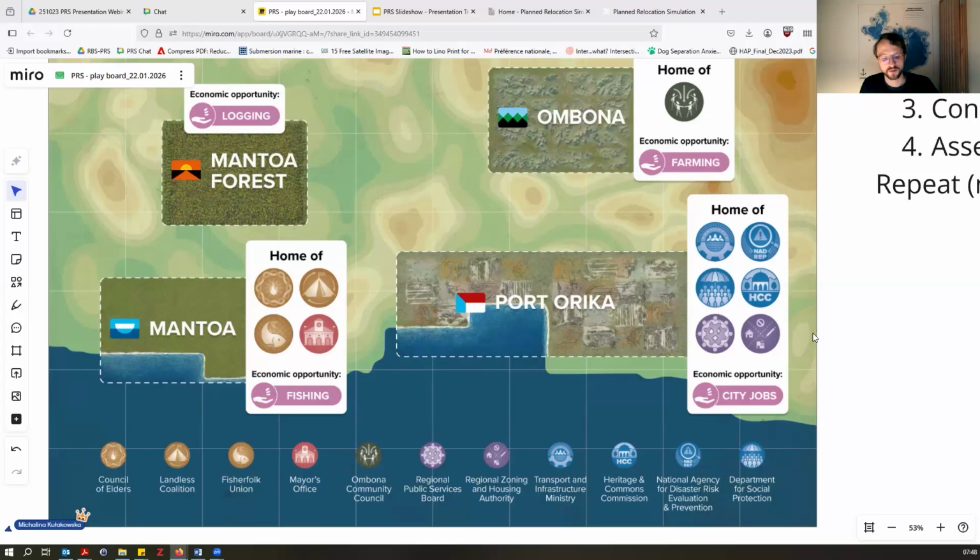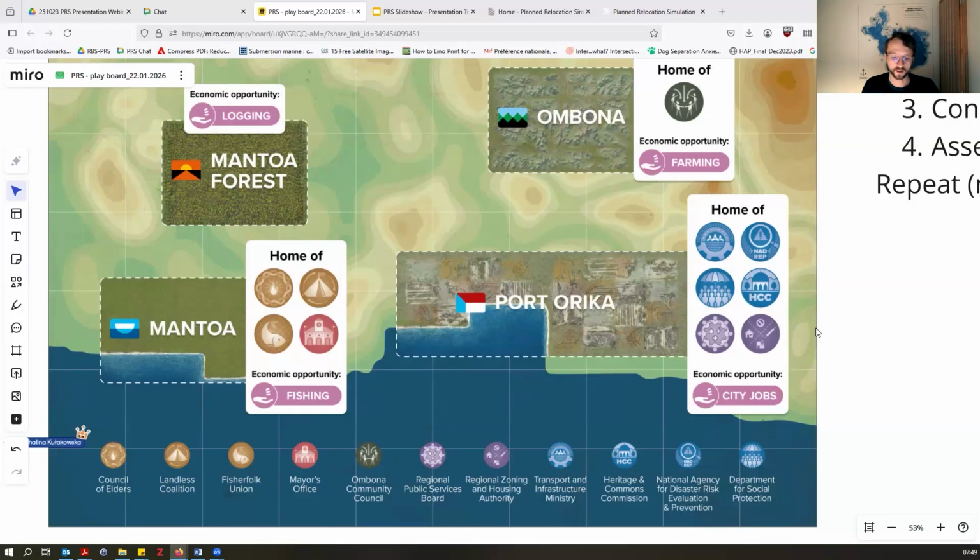Also at this table is a second community, the community of Ombona, which faces its own challenges. We simplified it, and there's only one actor representing them, but they are there to offer a contradiction or another point of focus throughout the simulation.